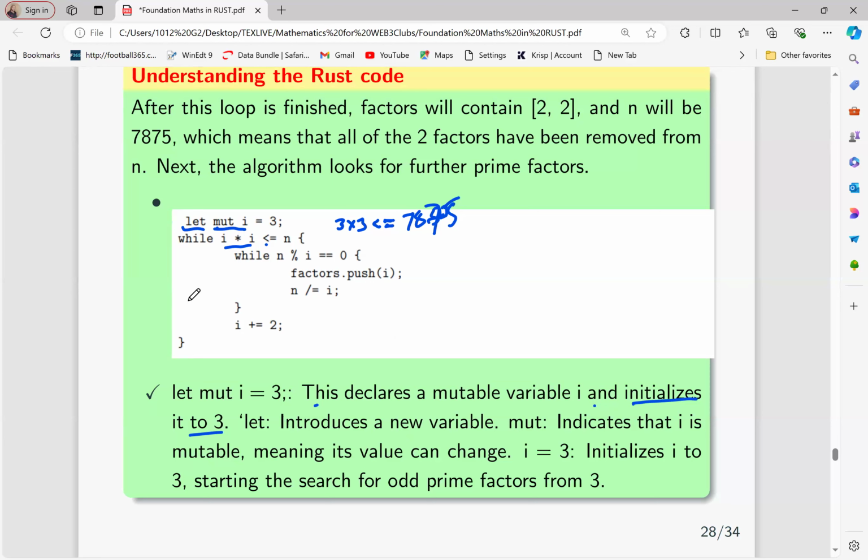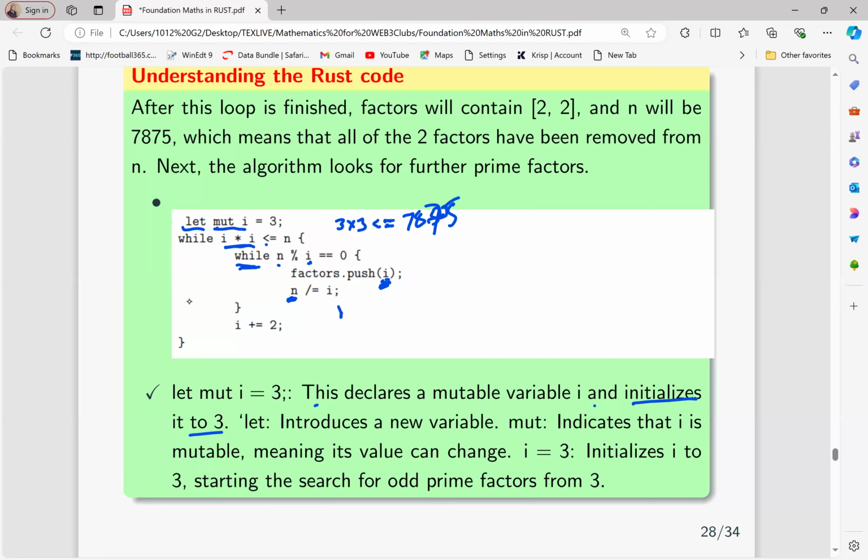Now, after that, when this condition is accepted, we enter the inner loop and check if the number is divisible by i. If it's divisible by i, you make that i a factor. What does the new n become?